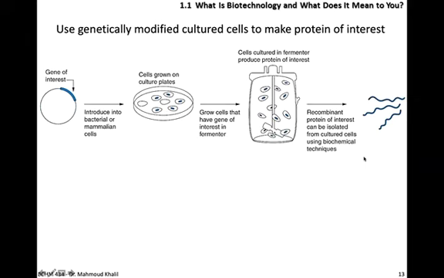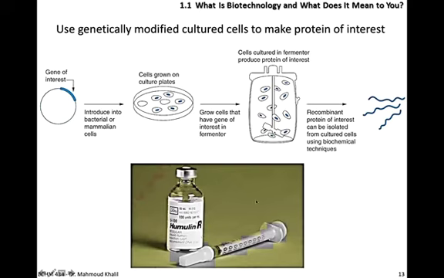In this case, this recombinant protein can be isolated, and there are a lot of techniques that you can use to easily isolate it. And this is a perfect example of what is actually happening for insulin. They make insulin with the same process. You can see here, this is the insulin, and they do the process to have recombinant insulin, and now insulin is sold a lot cheaper than before, because the process has become easier and less expensive.